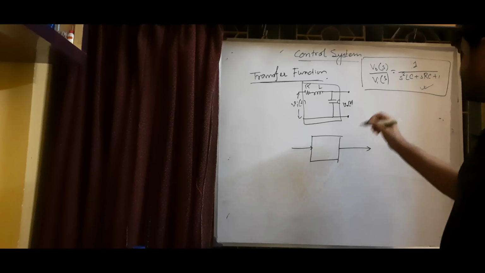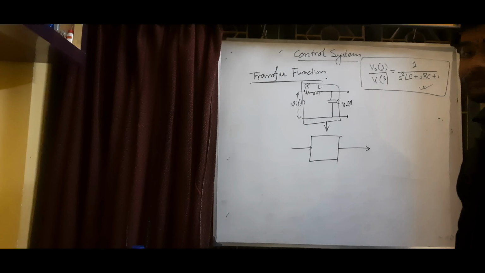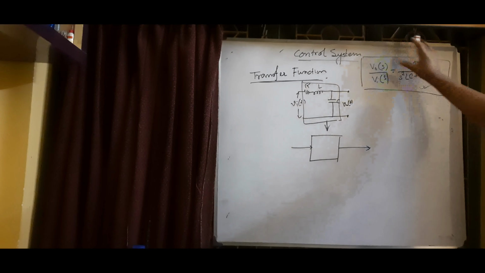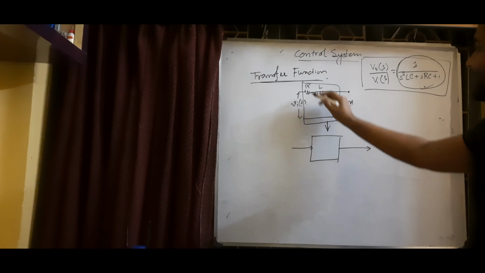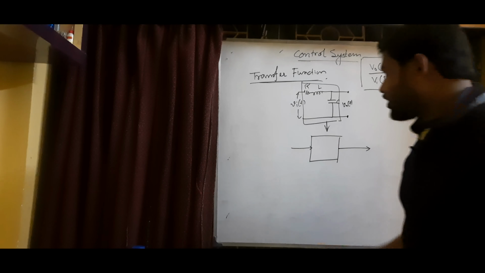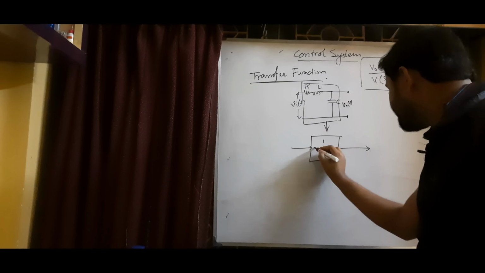Now this is the time where I am introducing this concept. This is converted by the Laplace transform, and this expression is called the transfer function of this system. So in each block, the transfer function will be mentioned.